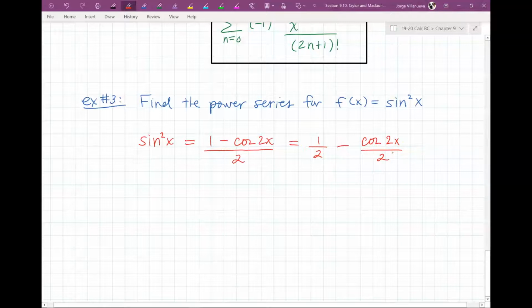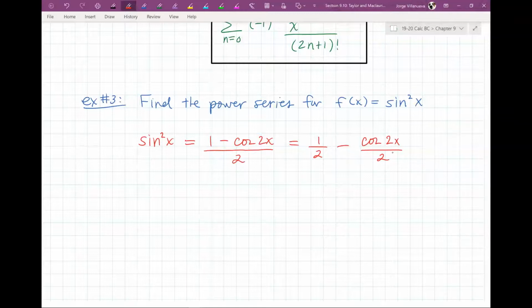So check this out. If I know the power series for cosine, and then change its angle to twice, and then divide whatever I have by 2, and then make it negative, and then add half to it, I have sine squared of x. Okay, so let me go up there to kind of tell you what I was talking about.